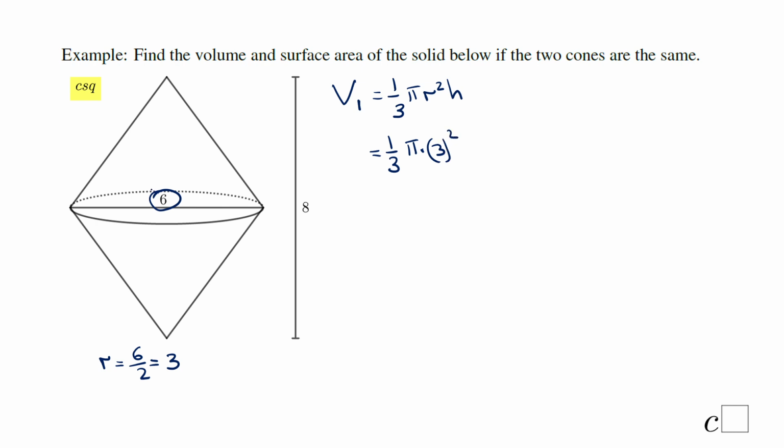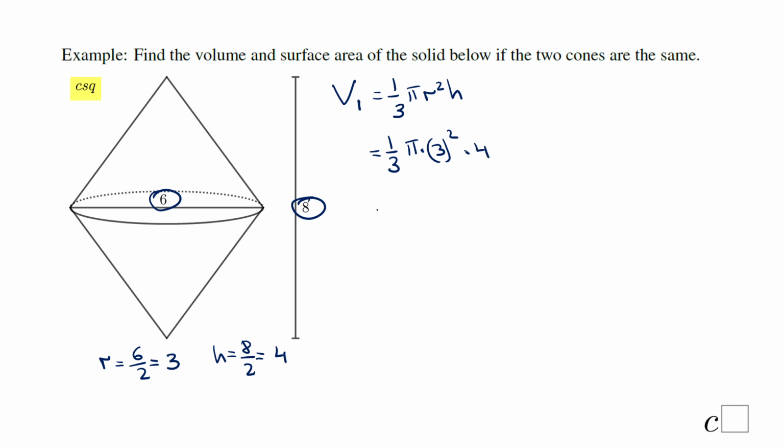And the height, now be careful. Since these two cones are the same, this is 8, the height will be 4. So let me do that. Height equals 8 over 2, which is 4.